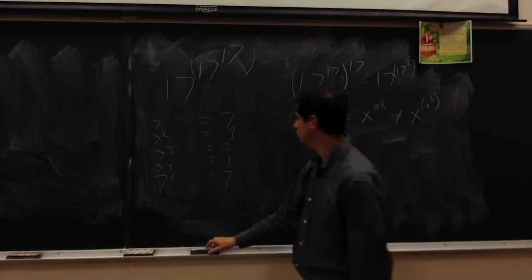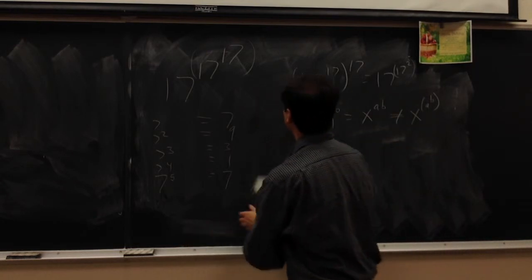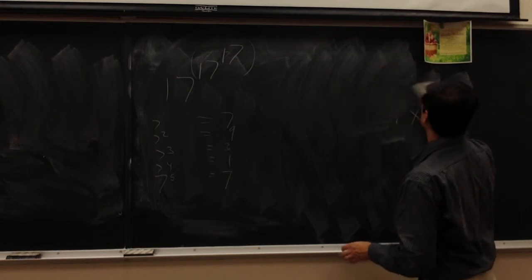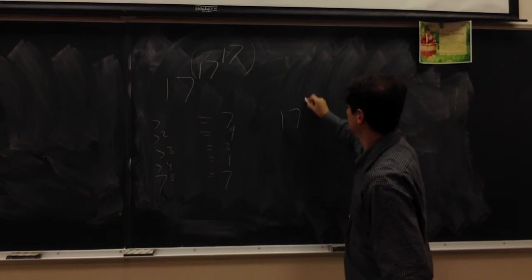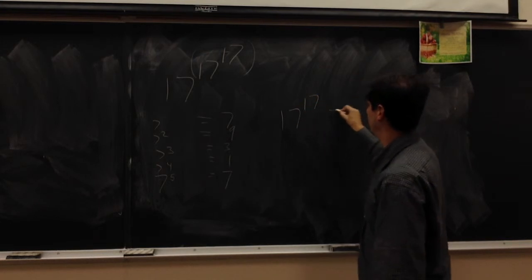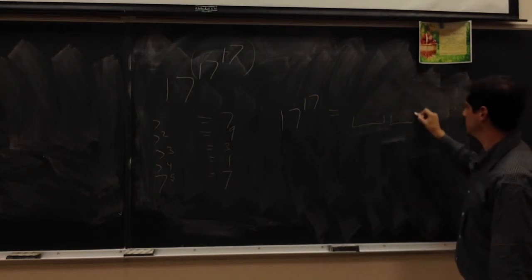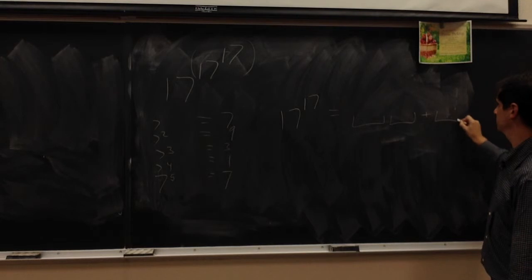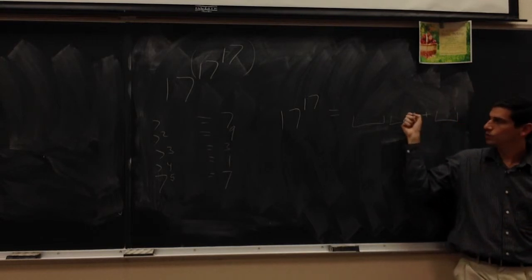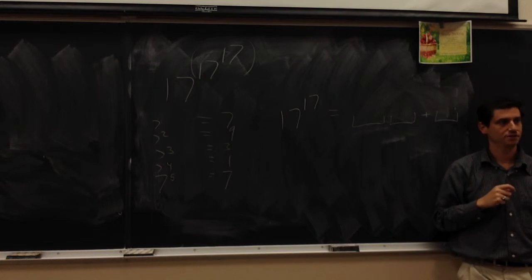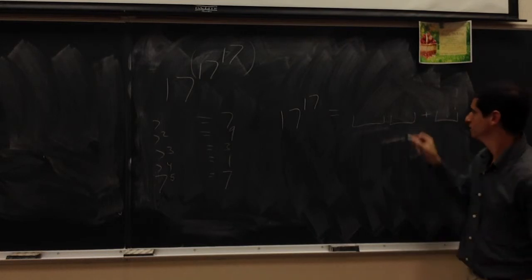So I want to look at the number 17 to the 17, because this is the exponent, and write this as some multiple of some number plus a remainder. What do I want my multiple to be? 4.